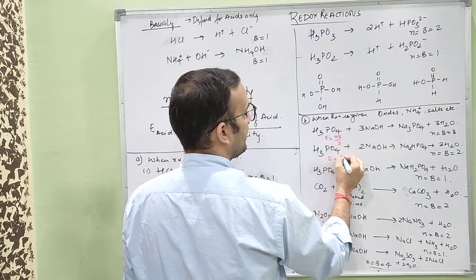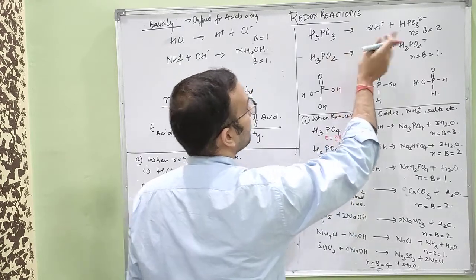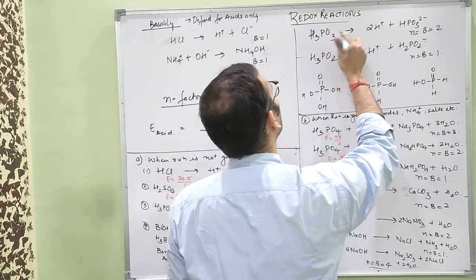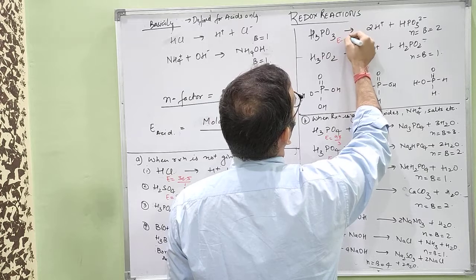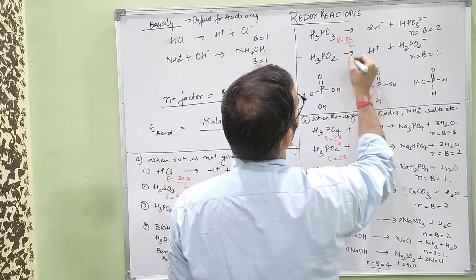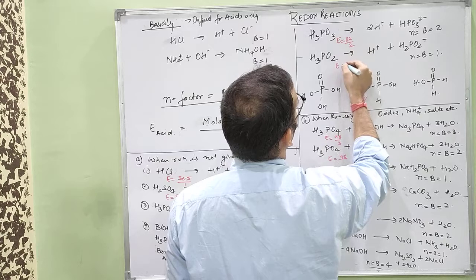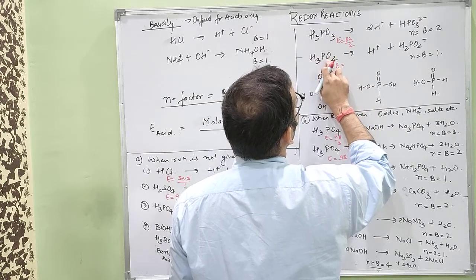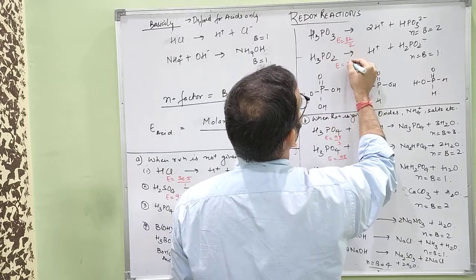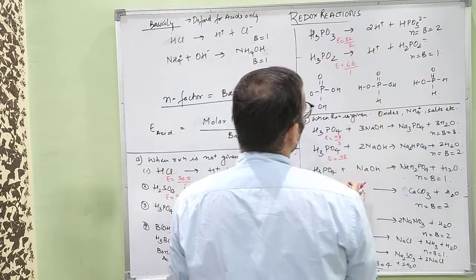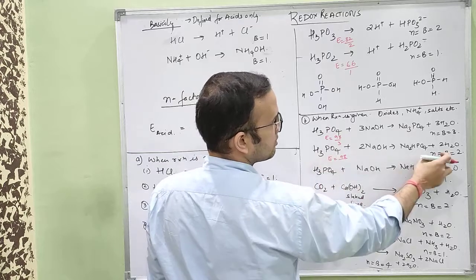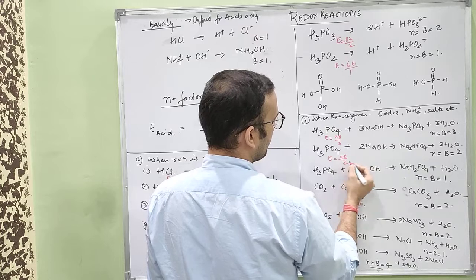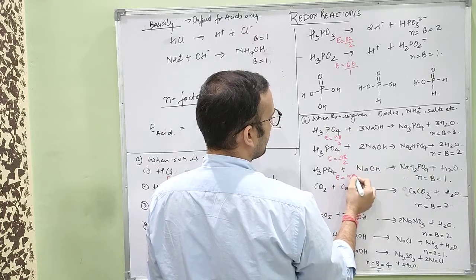H3PO3 is 51 plus 31, which is 82. So E equals 82 upon 2. And this is 31, 32, 63 plus 3, 66 upon 1. Now here it is taking up 2 OH minus, B equals 2, so 98 by 2, E equals 98 by 1.